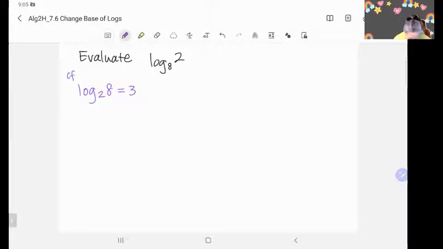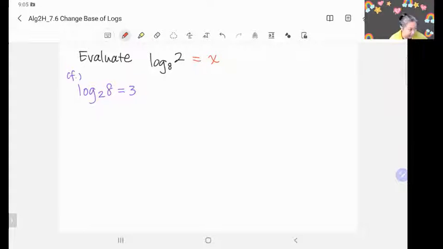So compare to this. What we currently have is this. What is it? Log base 8 of 2. Then I don't know. Then let's try it. When we evaluate, we do this. We set this one with x, right? Then we convert it to exponential expression.